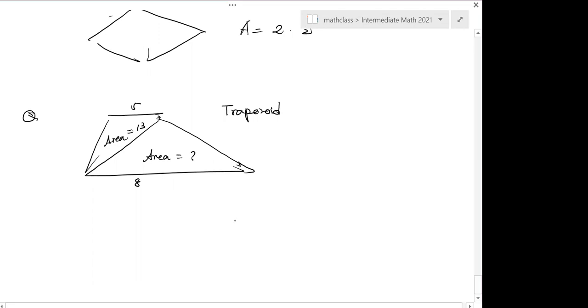To find the area of the triangle at the bottom, what do you need? What is missing? Missing is the height, right? Using the small triangle at the top with the area 13, we will be able to find the height. In this trapezoid, I know the top edge is 5 and the bottom side is 8.